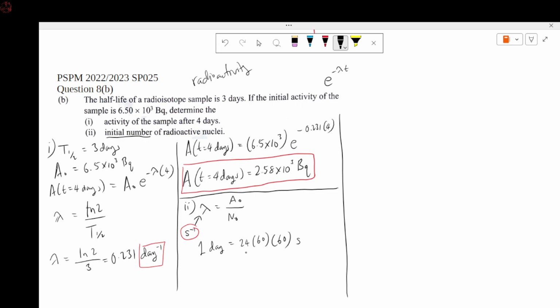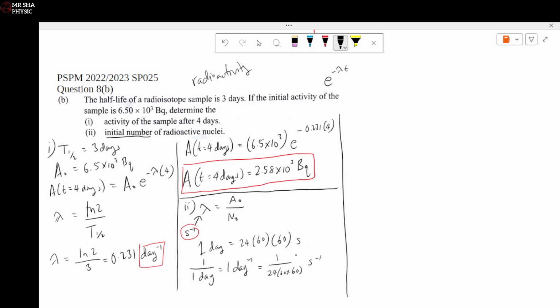Now what I have instead is 0.231 per day. Dividing 1 over 1 day gives 1 over 24 times 60 times 60 per second.